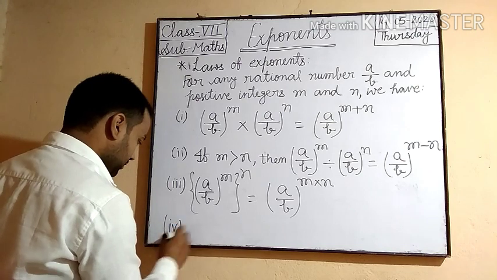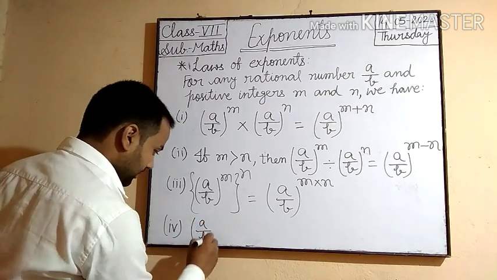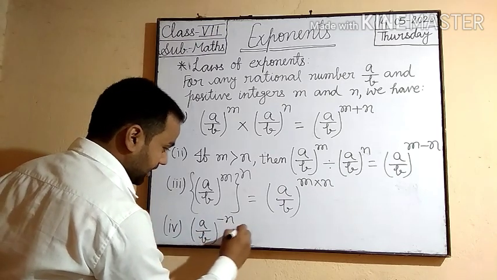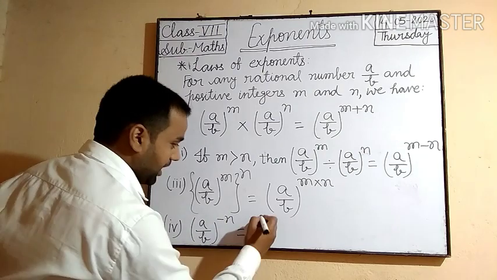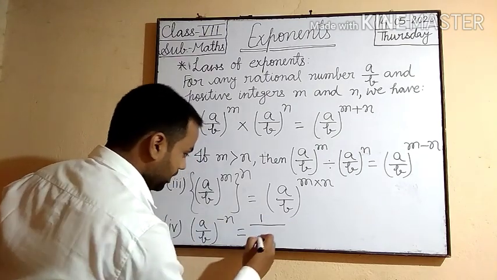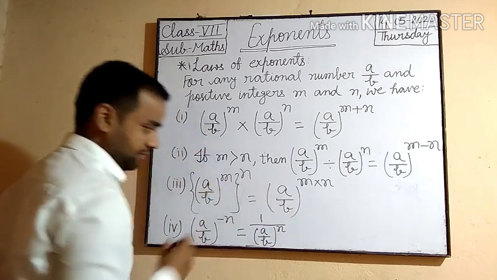Fourth law: (a/b) power minus n. The negative power converts into positive, and we write the reciprocal this way: 1 upon (a/b) power n.